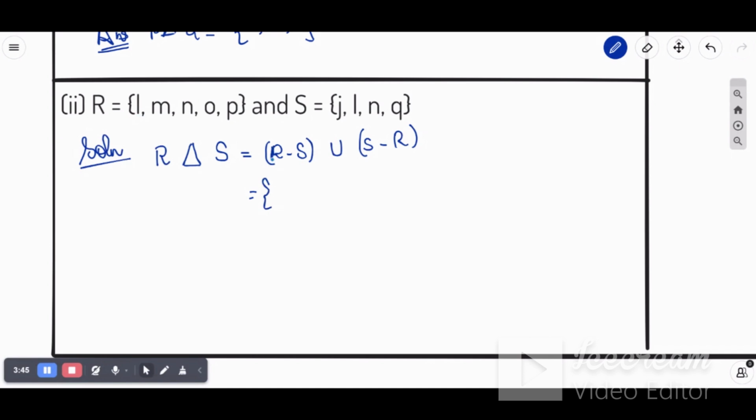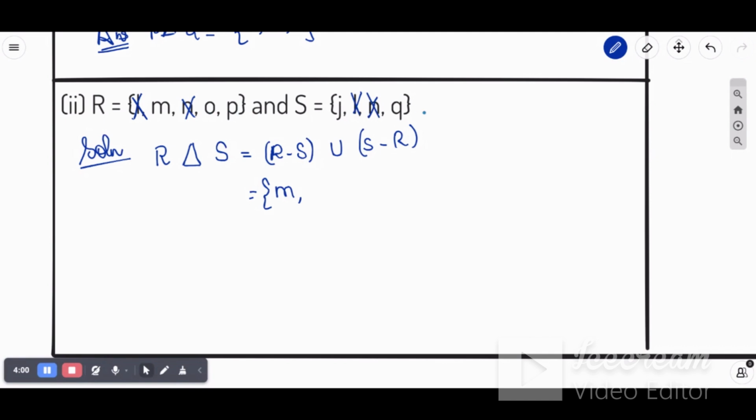R minus S. So R has L. L we have in both the sets, so we have to strike it off. And then M is there only in R, so I'm writing it. N is there in both the sets, so I'm striking it off in both the sets for easier purposes.